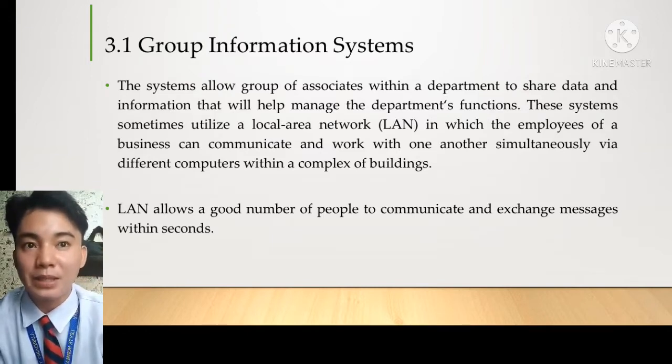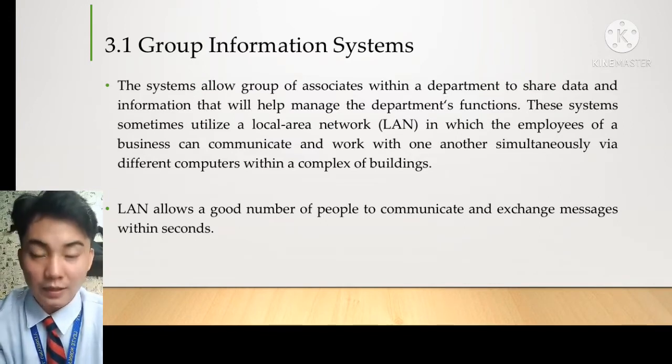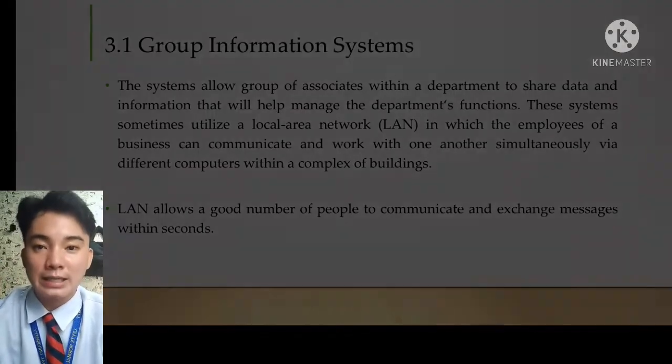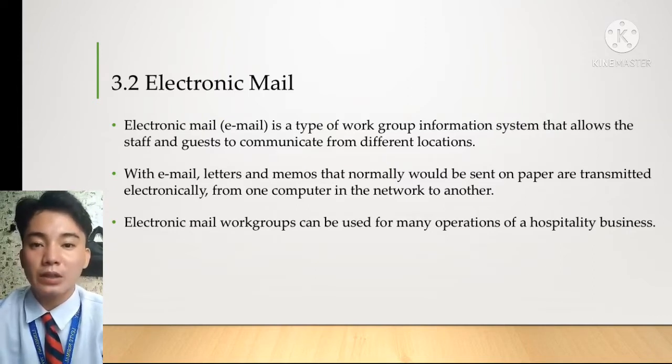Now that we are done with the LAN, we're going to discuss email, electronic mail.